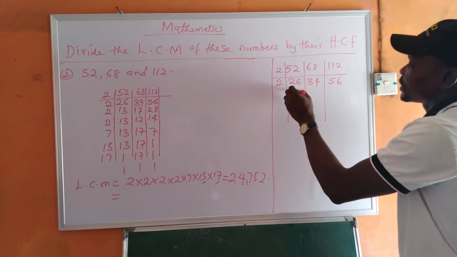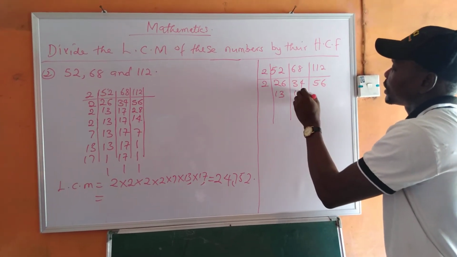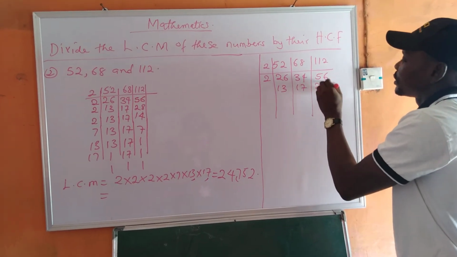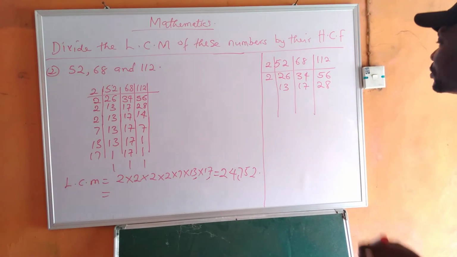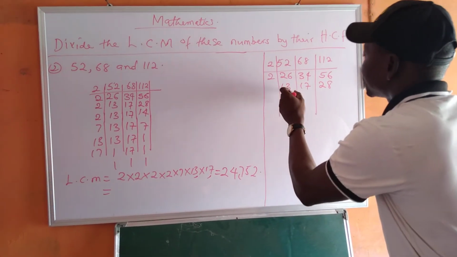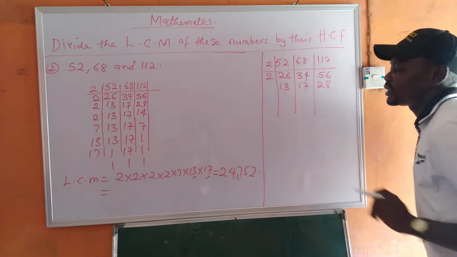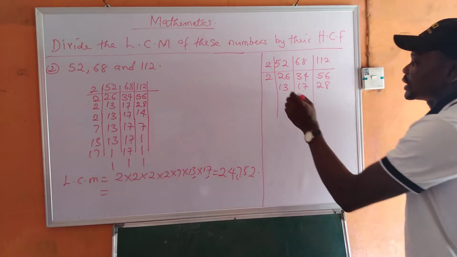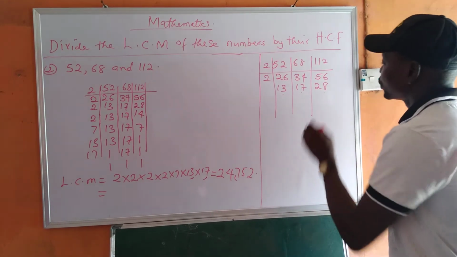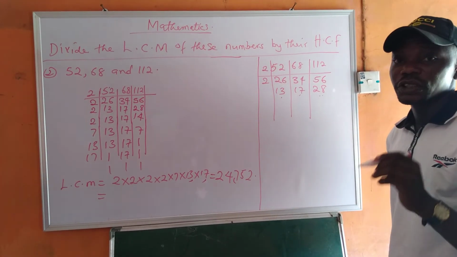Then 2 in 26, we have 13, 17, then we have 28. Now, if you look at it in this place, I don't think there is any number that can divide 13, 17, and 28 without remainder, because 13 is an odd number, 17 is an odd number, 28 is an even number.